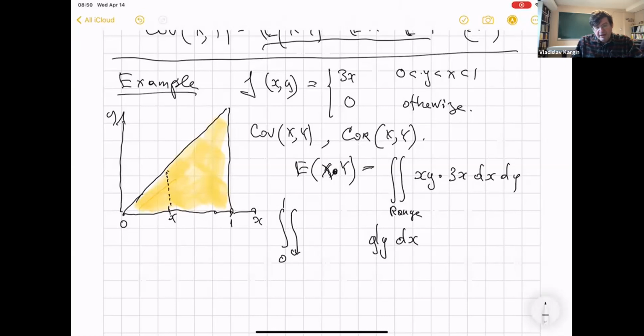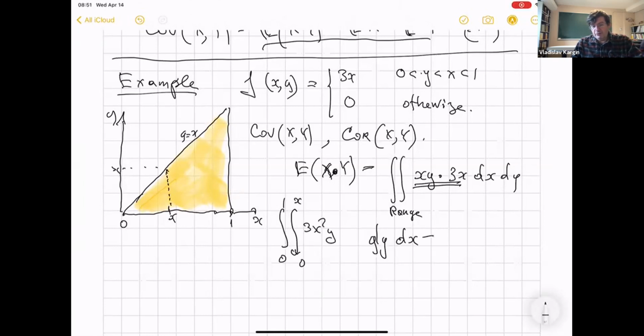The limit of integration is from 0 to the line y equal to x. And the integrand is 3x squared y.